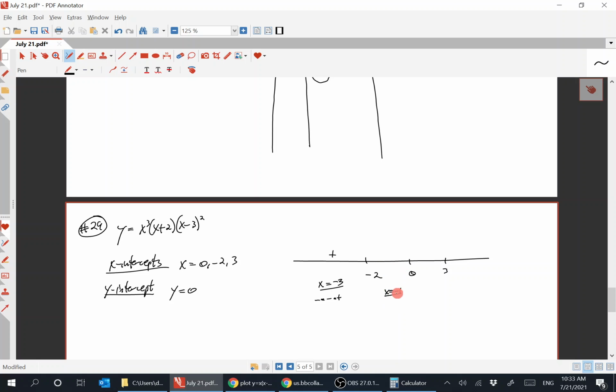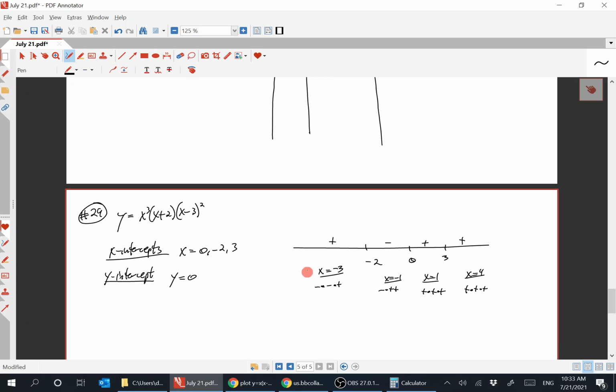At x equal to minus 1, negative, positive, positive. So it's negative here. 0 to 3, positive, positive, positive. So it's positive here. And then past 3, positive, positive, positive. So it's positive here. But it's 0 there.